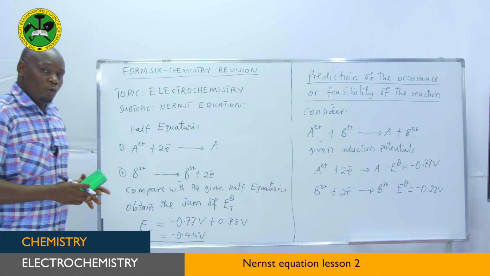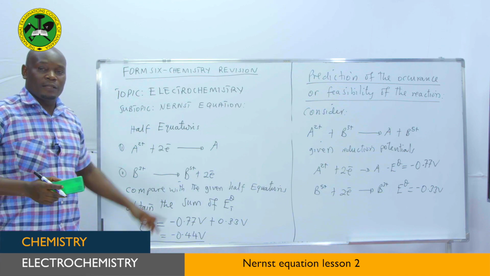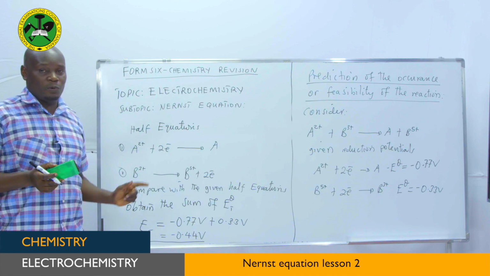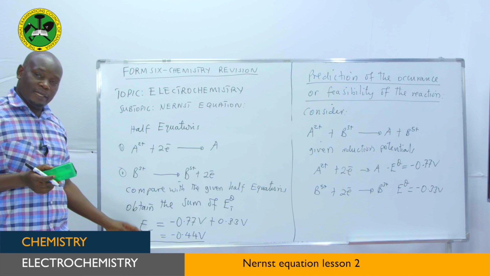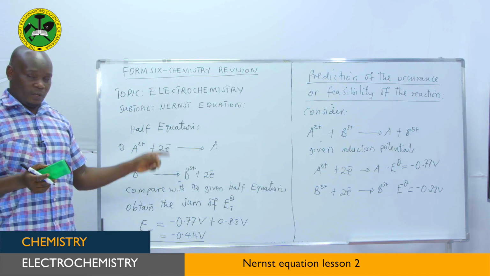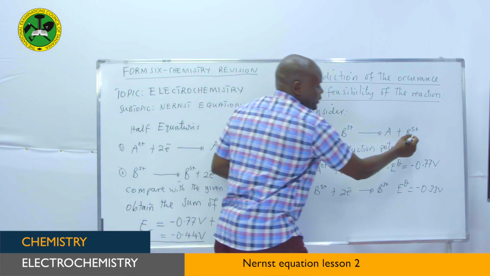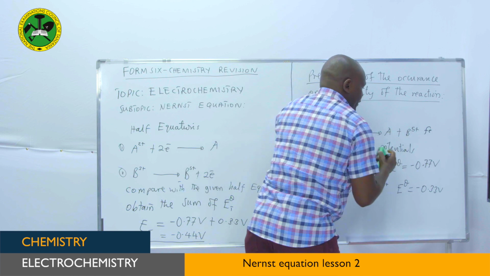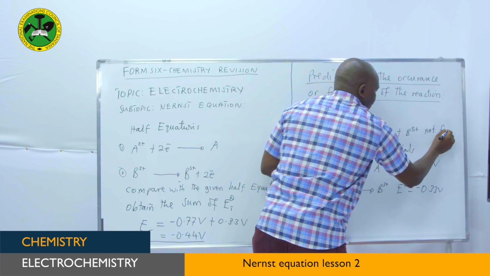If the obtained sum of the standard electrode potentials is negative, that means the reaction is not feasible. But if the sum obtained is positive, then that reaction will be feasible. From there we can conclude that this reaction is not feasible.